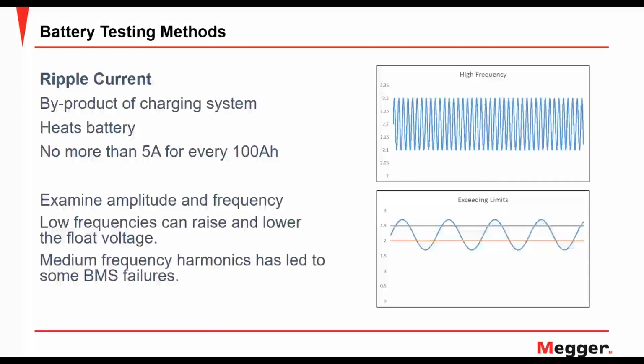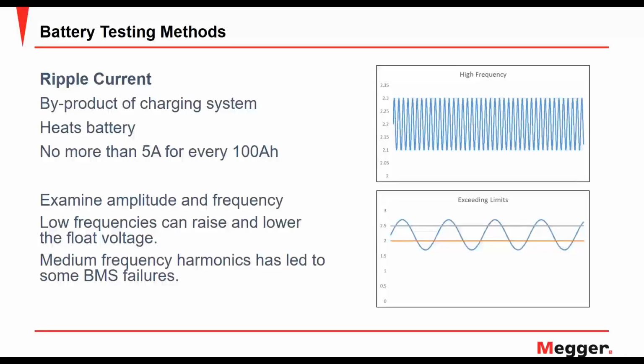Another very important thing in this AC current is the frequency of these ripple currents. A very low frequency current could result in a higher float voltage. So when you do a float voltage test and then a ripple current measurement, and you see lower frequency ripple currents, this could result in the high floating voltage measurement.